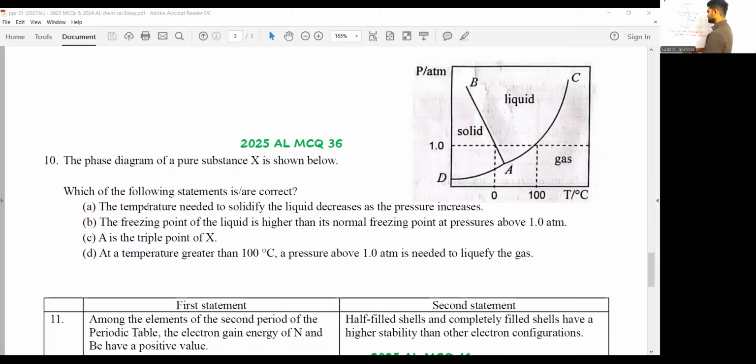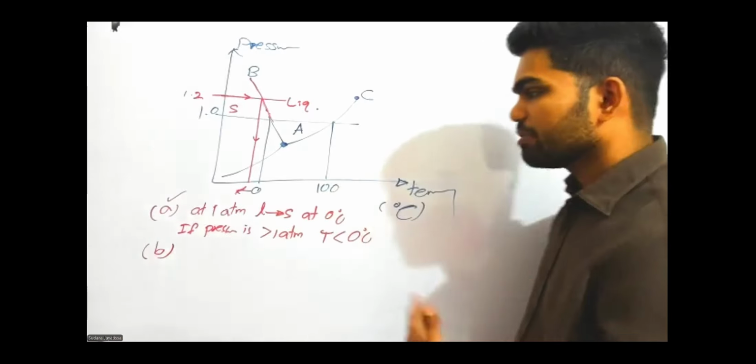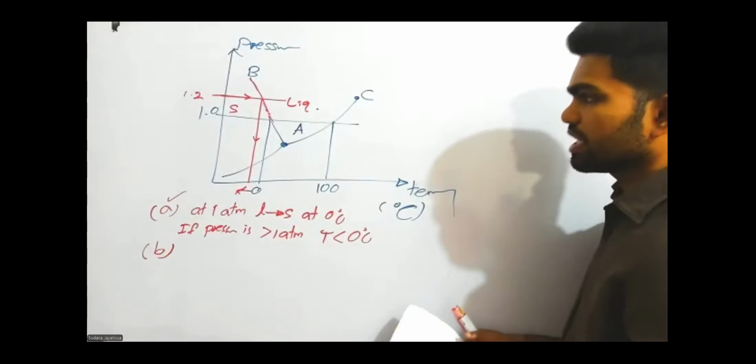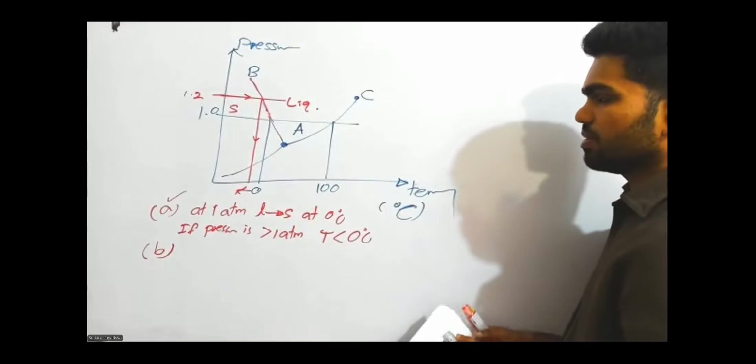Yes, it is correct. Try to understand these things; they will be explained in another lesson too. We have explained several theories related to this one, so that's what is important here. Okay, and then: the freezing point of a liquid is higher than the normal freezing point at pressures above 180. Freezing point means the temperature where liquid becomes solid.